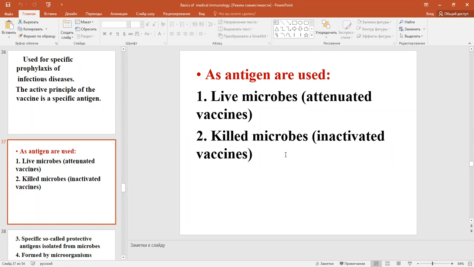And the Salk vaccine, again against poliomyelitis, is a kind of killed vaccine. And now a killed vaccine is used for prophylaxis of rabies. Against whooping cough, killed bacteria were used in the DTP vaccine, and so on. So killed microbes are used for vaccination, the same.